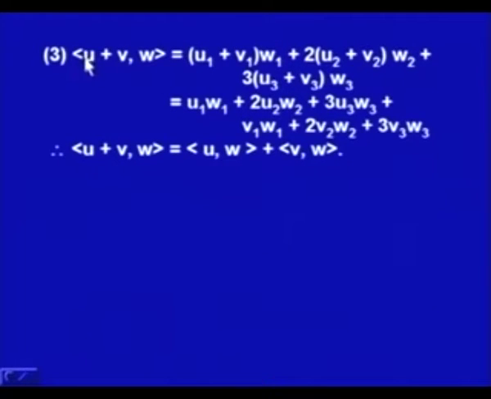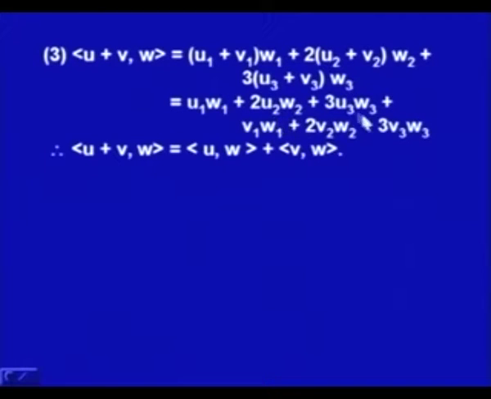Third, u plus v comma w is equal to u1 plus v1 times w1, plus 2 times the second component u2 plus v2 multiplied by w2, plus 3 times the third component u3 plus v3 into w3, or we can write it as u1 w1 plus twice u2 w2 plus thrice u3 w3, plus v1 w1 plus twice v2 w2 plus thrice v3 w3.